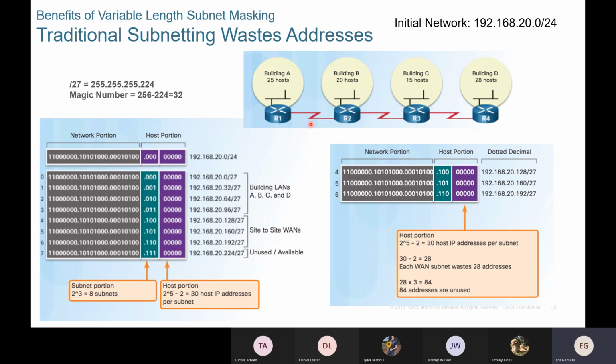If I borrow 3 bits, I can create 8 subnetworks. Okay? So we need to borrow 3 bits. So this is the original network. The original network is a /24. If I'm going to borrow 3 bits, what will be the subnet mask of all the subnetworks?